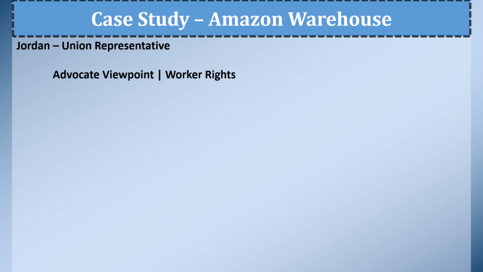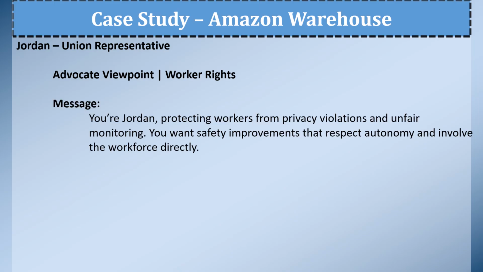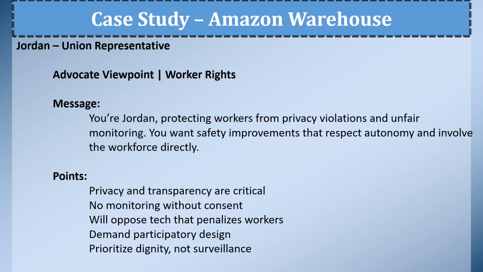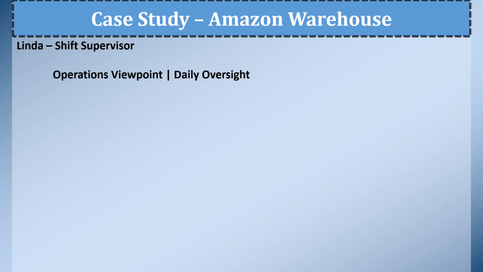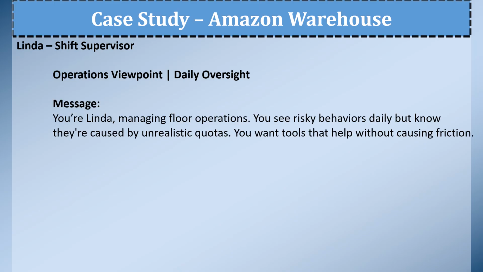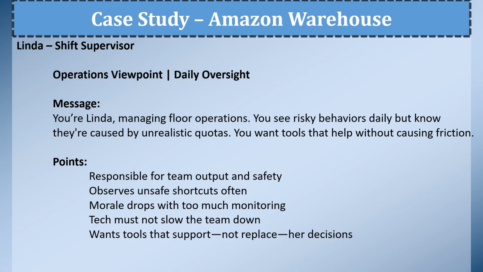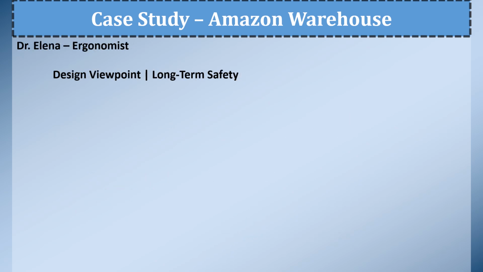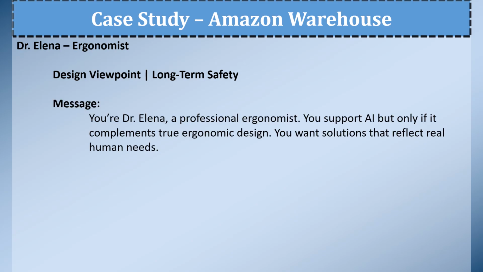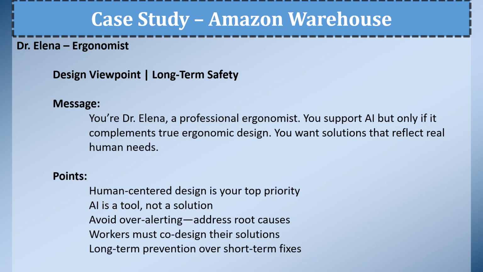Jordan, union representative, advocate viewpoint, worker rights, and this is the message, and these are the points. Then Linda, shift supervisor, operations viewpoint. She will give operations viewpoints, daily oversight, and a message for her, and these are the points. So now everyone has their own message and points. Dr. Elena, ergonomist, design viewpoint, long-term safety, and a message for her, and these are the points for her.